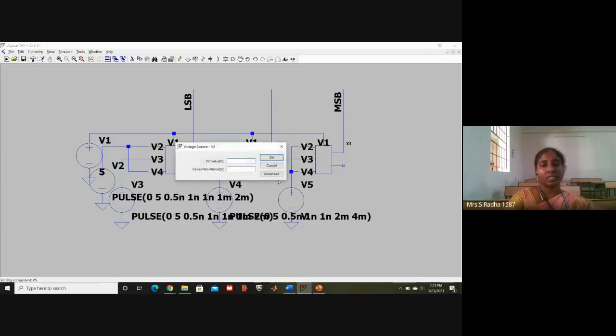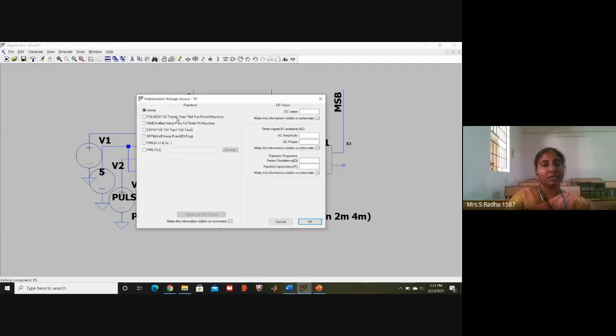This is the third stage JK flip-flop. I am taking 0 followed by 5, 0.5 nano, 1 nano, and now I have to take double of the previous 4 milli, 8 milli I am giving for the third input.